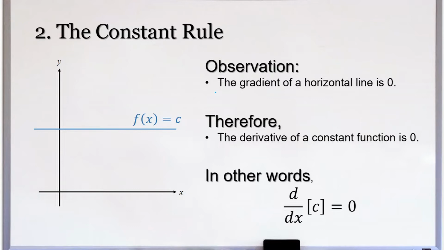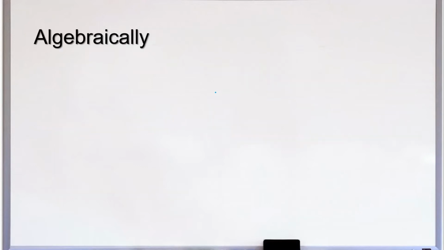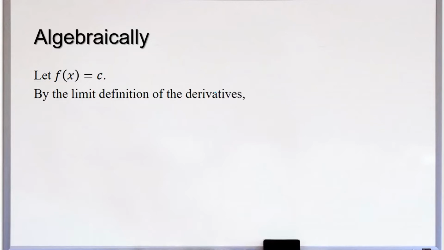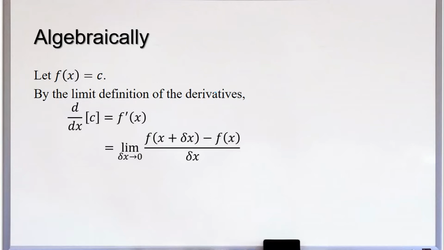You may not be convinced by this, but algebraically, we'll let f(x) equal to c, which is a constant. By the limit definition, derivative of c equal to f prime x, and f prime x is equal to the limit of delta x approaching 0, f(x plus delta x) minus f(x) over delta x.